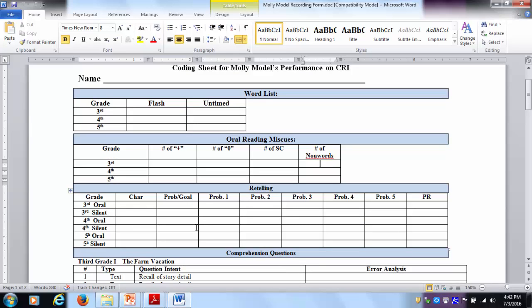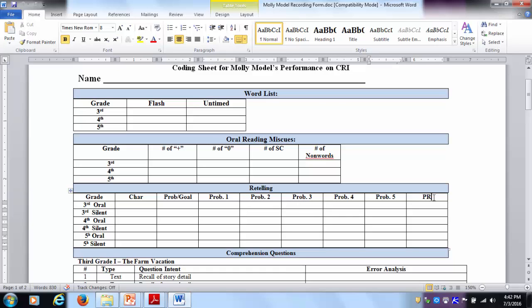That takes us to retelling. In the retellings, we have a rubric. And for the narrative, there's consistency in that structure. We always begin with the character and the setting implied, the problem or the goal. Then the next 5 components of the grid or rubric deal with the steps involved in the problem or goal solution.